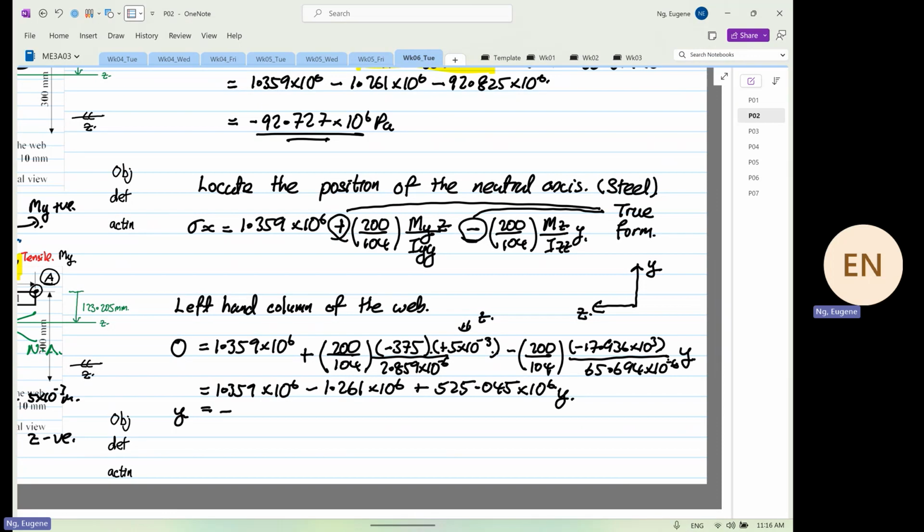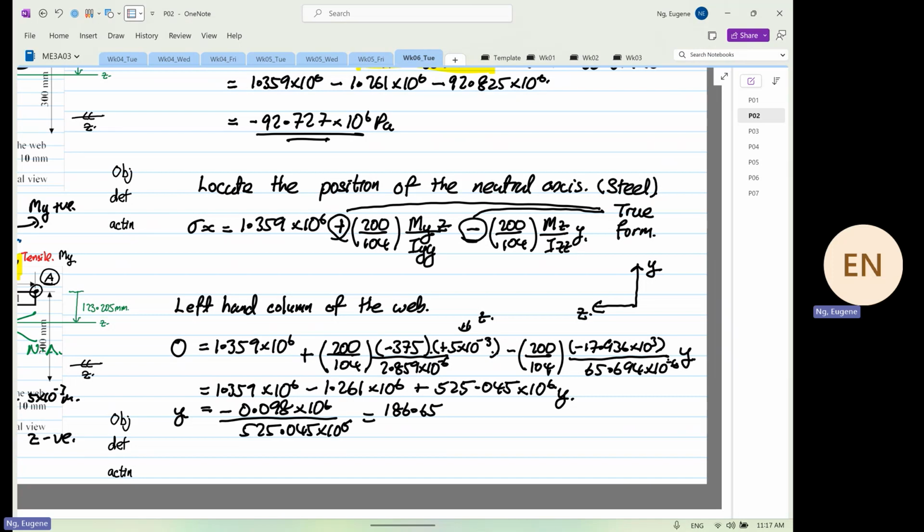So it's minus 0.098 times 10 to the power 6, divided by 525.045 times 10 to the power 6. So it's equal to 186.65.